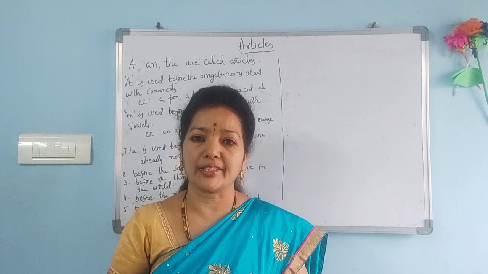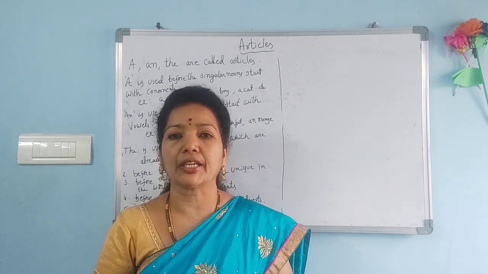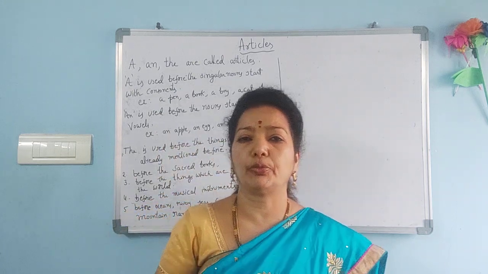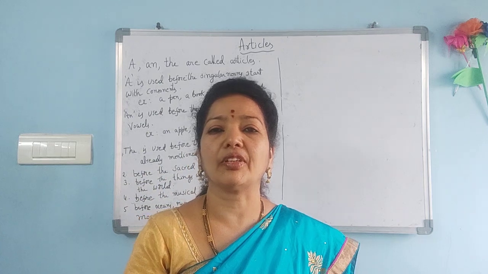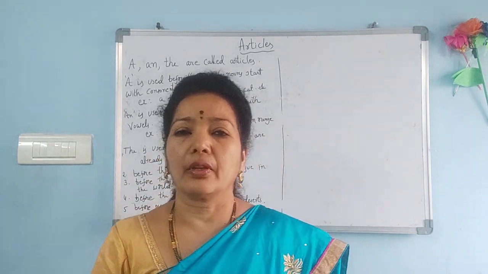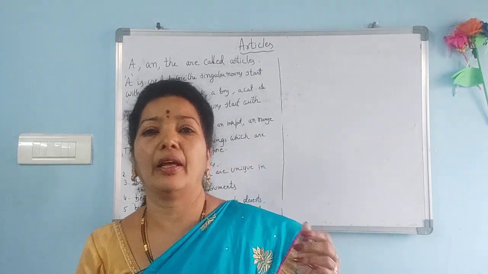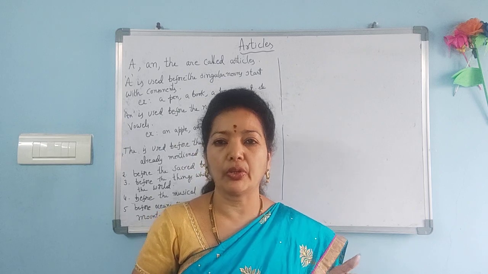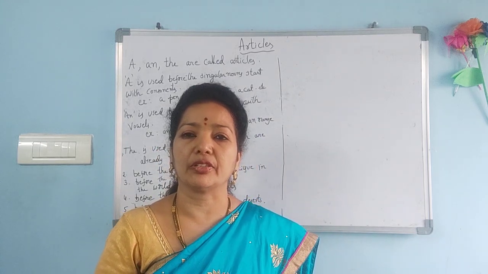Out of 26, 5 are vowels and the other 21 are consonants. A is used before singular nouns only, like a bag, a pen, a pencil, a book, like that. They are singular nouns that start with consonants.